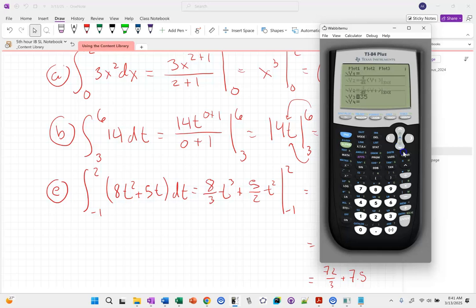I go to y equals, type in math, pick fnint, and go 0 to x of 14 dx. I thought the antiderivative of that was going to be 14x. Everybody's okay? I'm going to graph the two of them and see if I get the same curve. Before I do that, though, I'm going to go back and fix my window. Zoom standard.